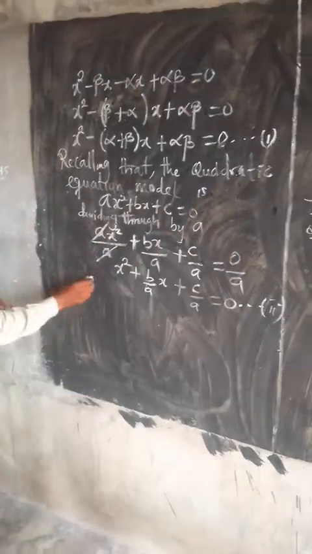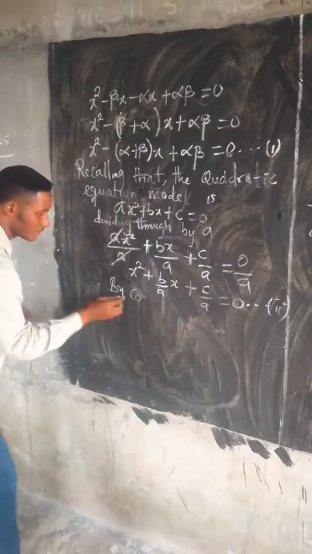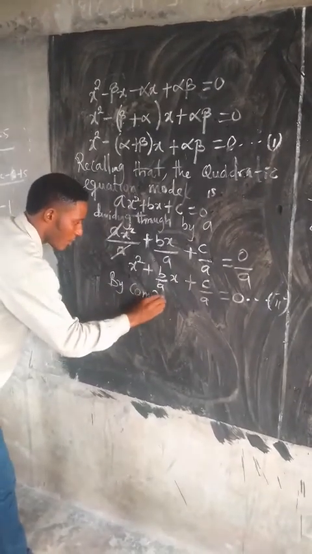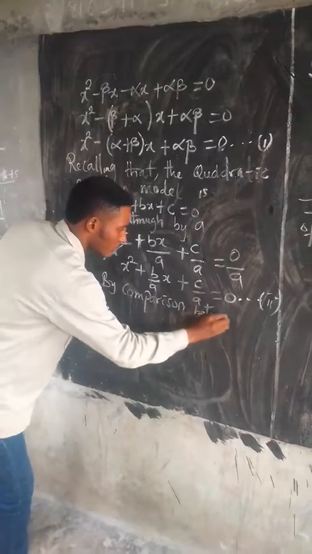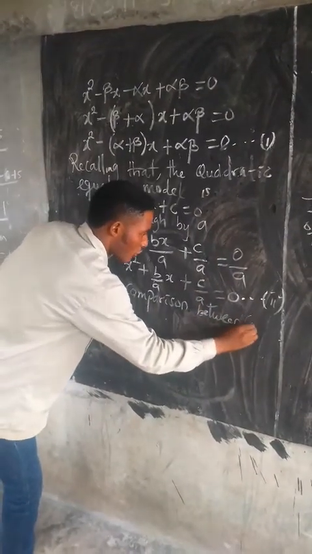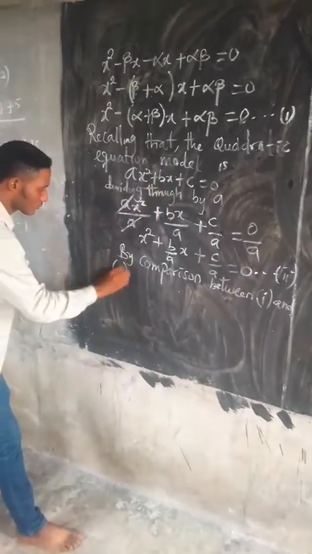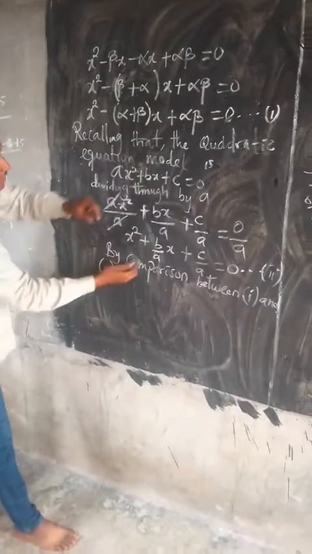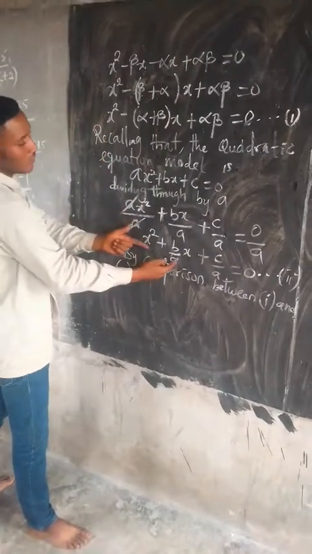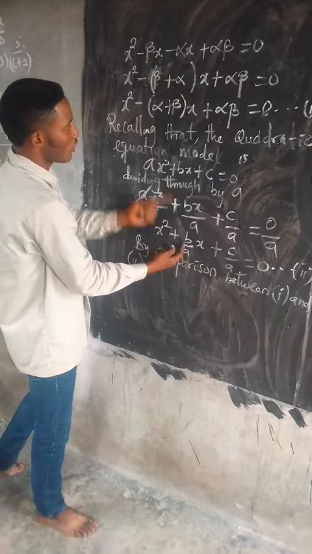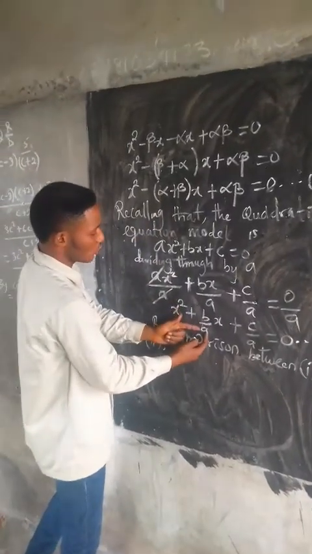On that note, by comparison between equation 1 and 2, we have x squared, then the coefficient of x in equation 1 being equal to the coefficient of x in equation 2.